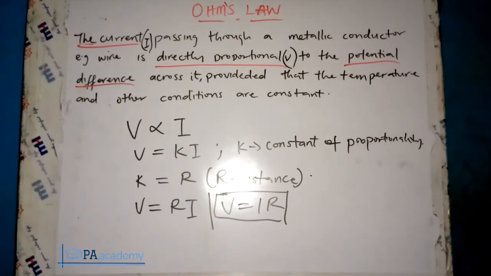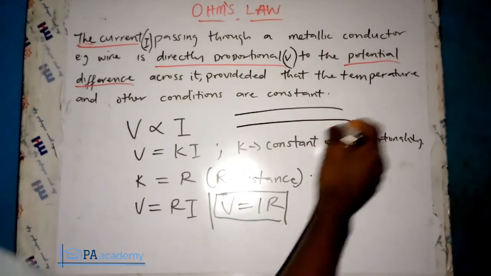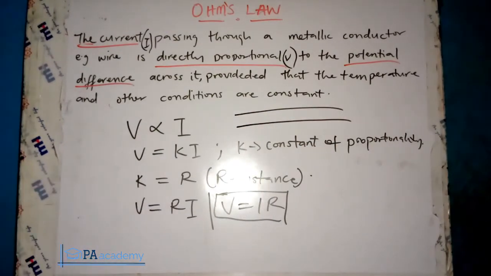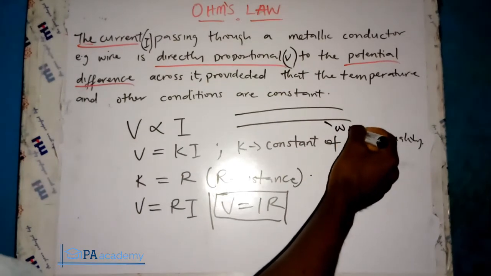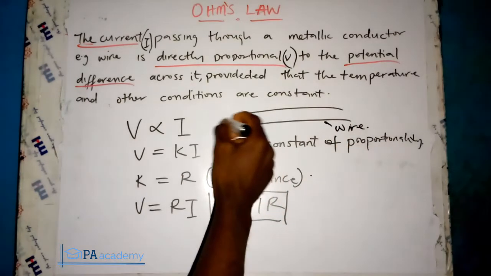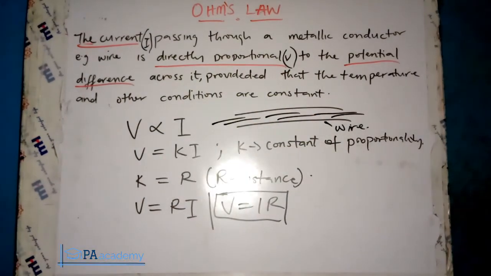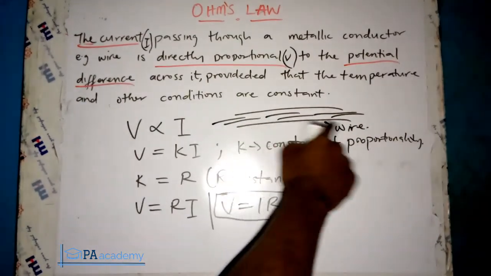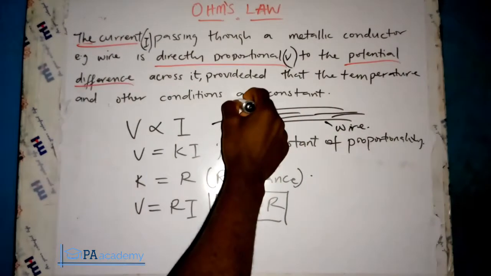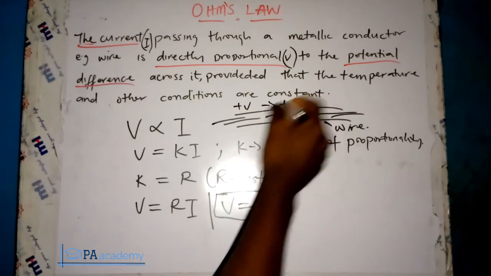We can also look at Ohm's law from this angle. Let's have this to be our wire. Like I said, the current passing through a metallic conductor is directly proportional to the potential difference. So if this represents a wire, which is a conductor, and we have current passing through this wire, if we increase the potential difference across this wire, that will result in an increase in the current.